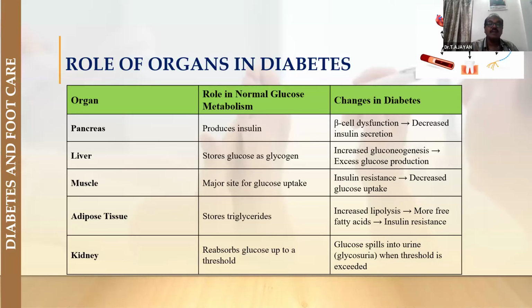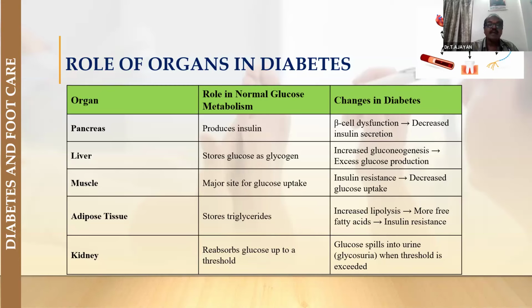The liver stores glucose as glycogen; in diabetes there is increased gluconeogenesis and excess glucose production. Muscle is the major site for glucose uptake; insulin resistance leads to decreased glucose uptake. Adipose tissue stores triglycerides; in diabetes there is increased lipolysis, more free fatty acids and insulin resistance.